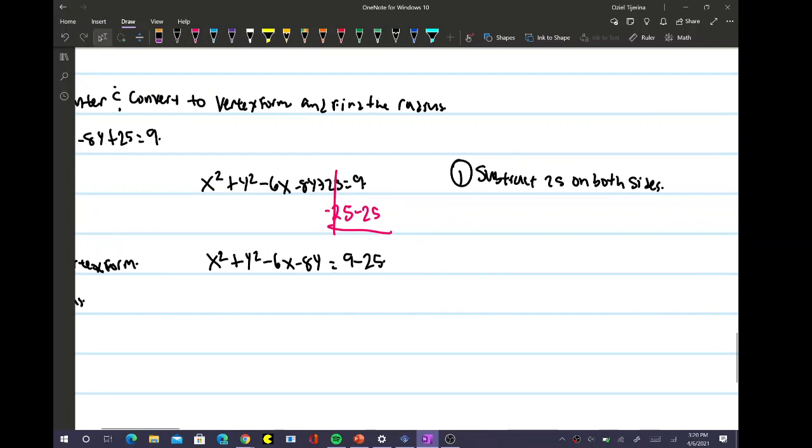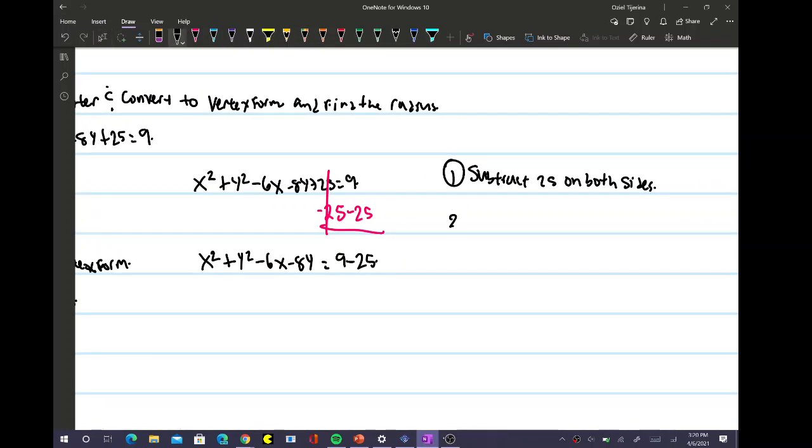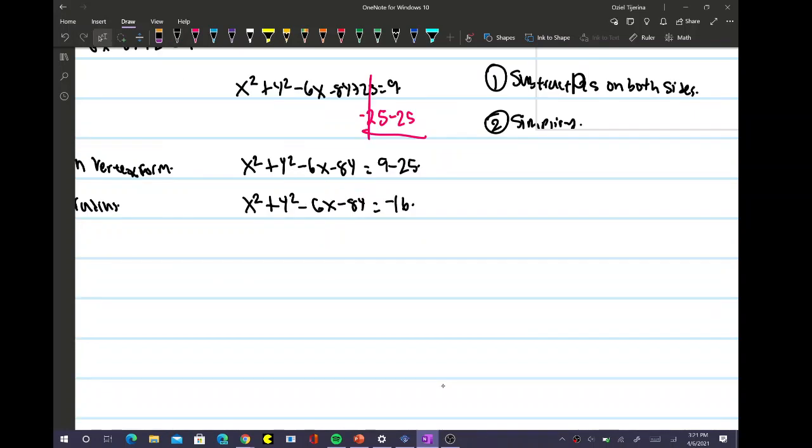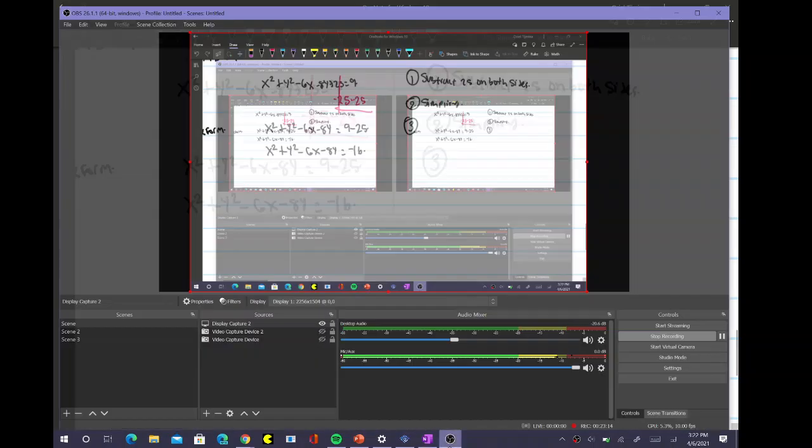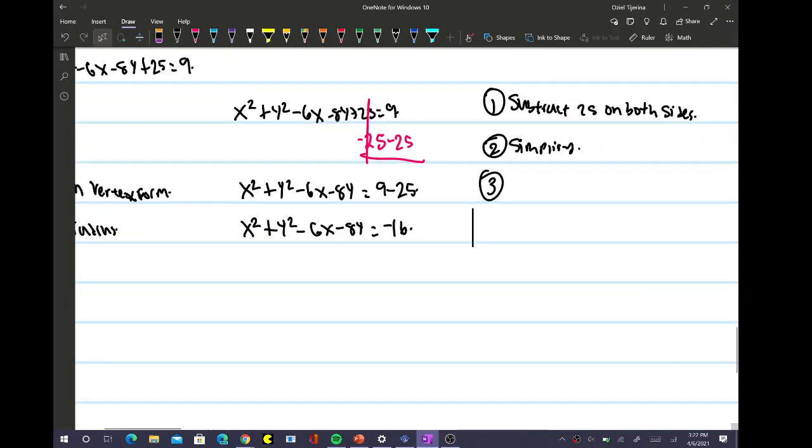We get x squared plus y squared minus 6x minus 8y equals 9 minus 25. Now you simplify. 9 minus 25 is negative 16, right? Once you do that, this is where you really have to pay attention, because this is the part a lot of people don't remember how to do.